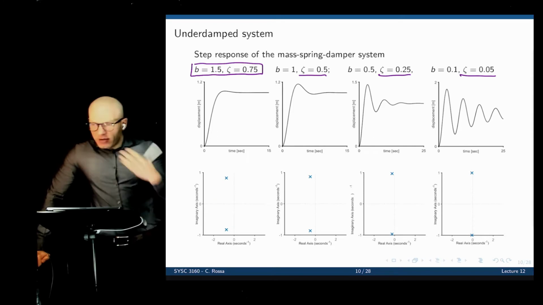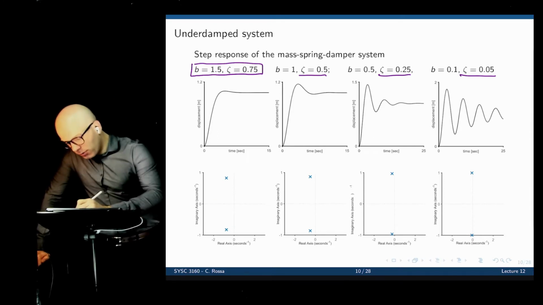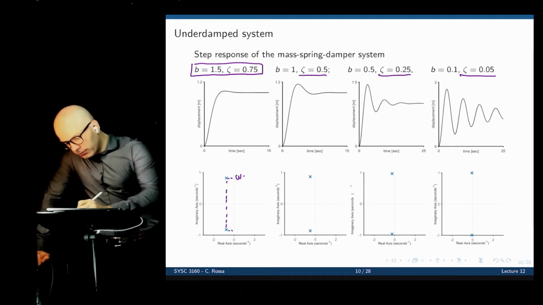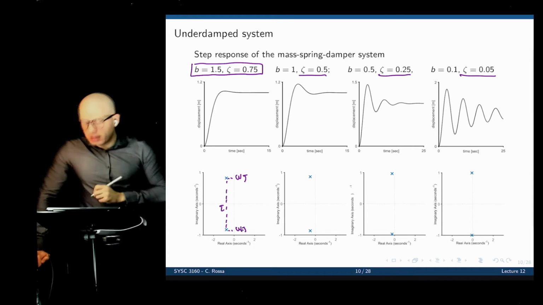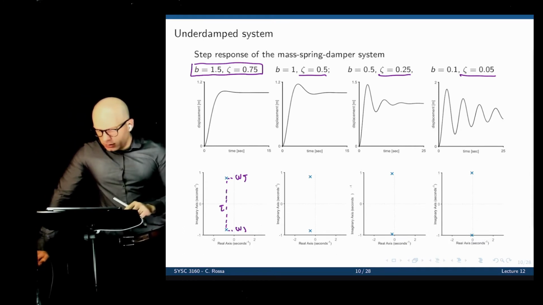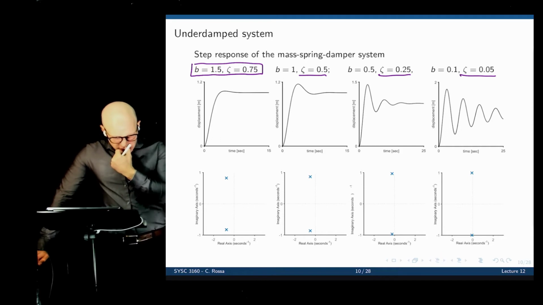We broke away from the real axis and we have now complex conjugate numbers as poles, and they have both a real and an imaginary component. Each of them gives rise to an exponential and a sinusoidal component.